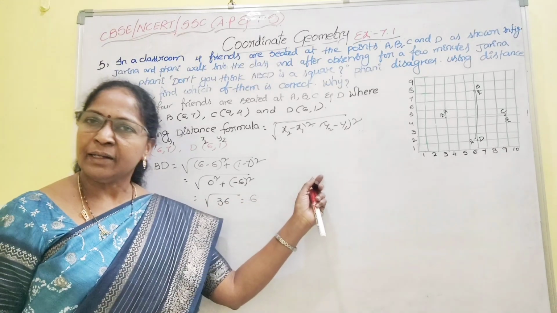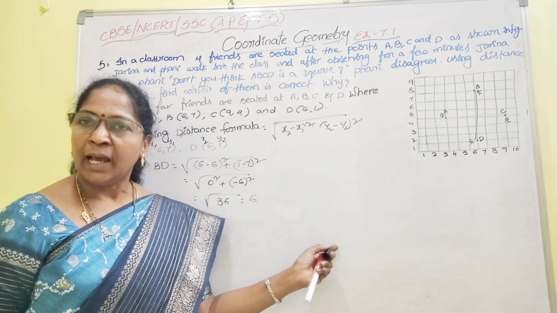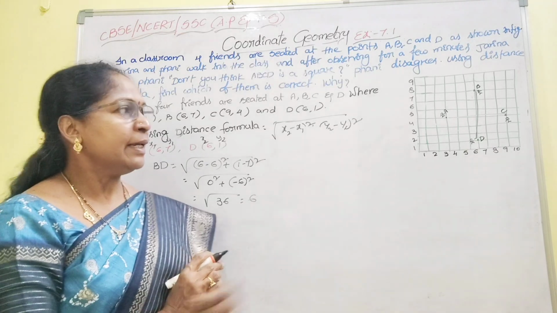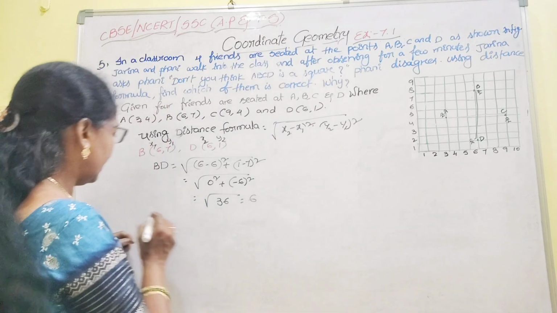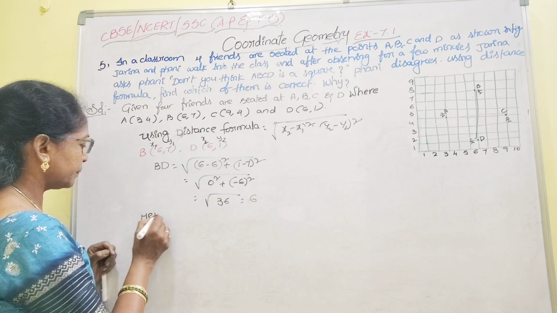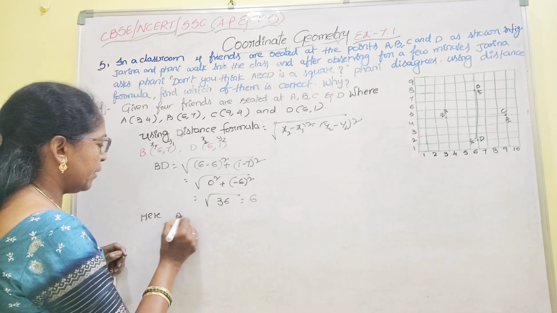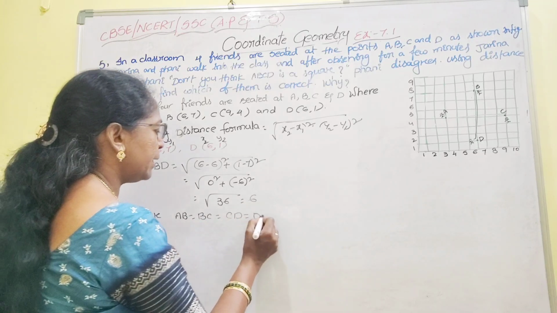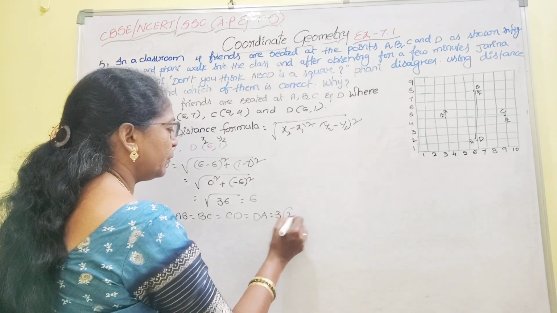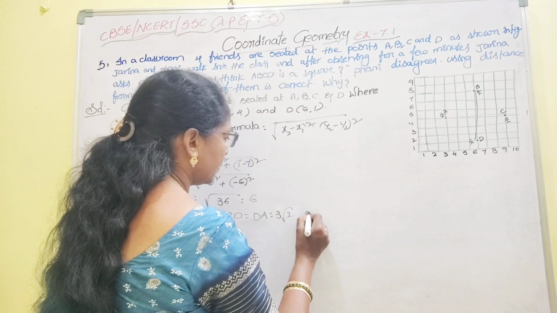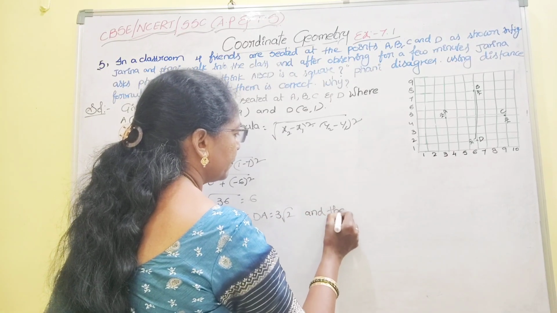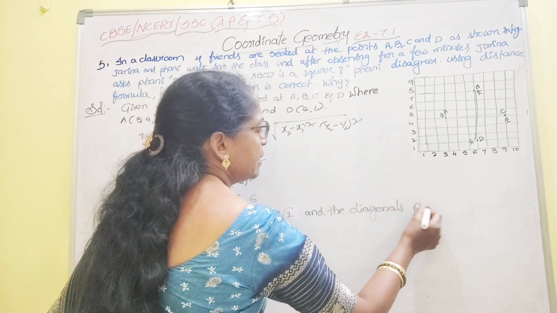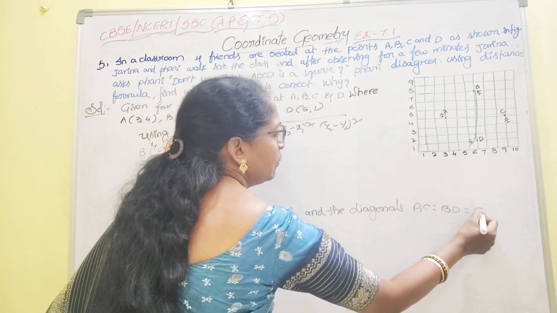Yes. Here if you observe, the four sides are equal as well as the two diagonals are also equal. So simply we can say that ABCD is a square. Therefore AB equals BC equals CD equals DA, that equals 3 root 2, and the diagonals AC equals BD equals 6.